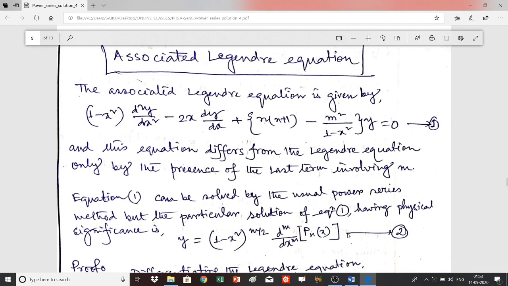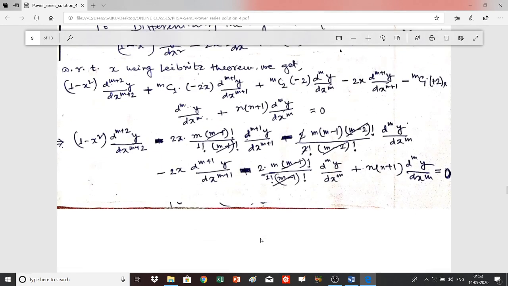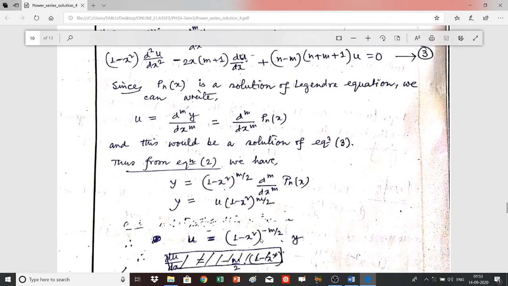Since you have already taken d^m by dx^m P_n(x) is equal to u, you will have y is equal to u into (1 minus x squared) to the power m by 2, and from this you can write u is equal to (1 minus x squared) to the power minus m by 2 into y.